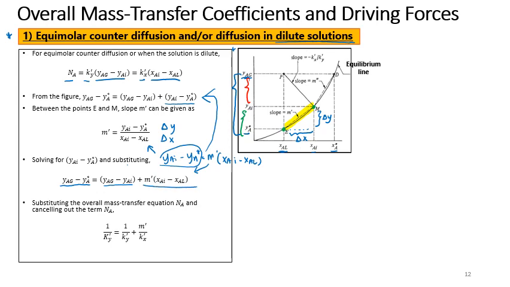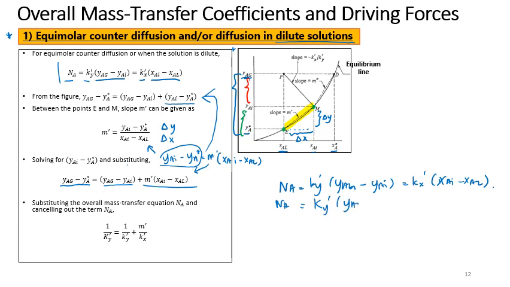Also NA equals KY' (YAG minus YAI) equals KX' (XAI minus XAL). From this equation, substitute the overall mass transfer equation, NA equals capital KY' (YAG minus YA star).